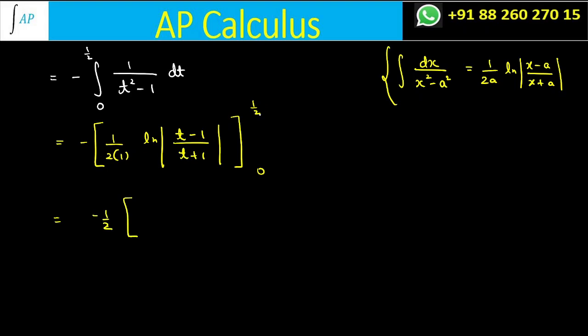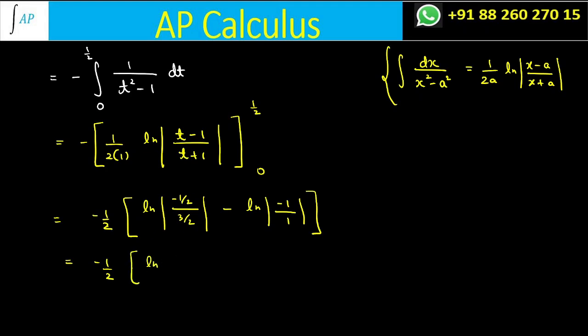So we can apply the limits. When we put 1/2 in this ln, it will be ln of (1/2 minus 1) which is minus 1/2, over (1/2 plus 1) which is 3/2, minus ln of, if you put 0, minus 1 over 1. So that will become minus 1/2 divided by 3/2, the 2 cancels, it will be ln of only minus 1/3.